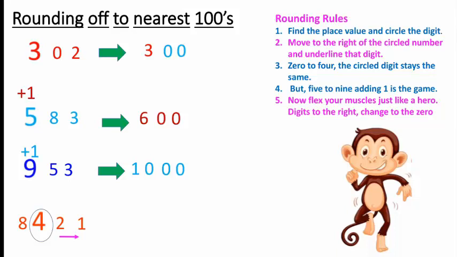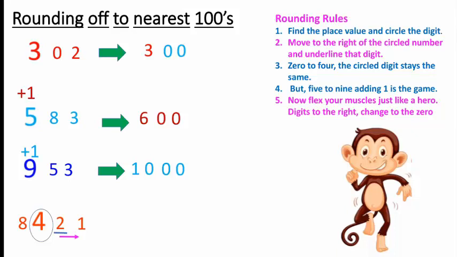Then while moving, we got the next door digit as 2. Now after making an underline below this next door digit, we have to see whether this underlined digit is less than 5 or equal to 5 or greater than 5.